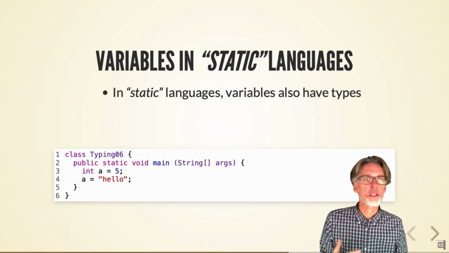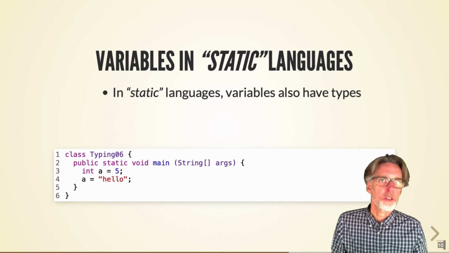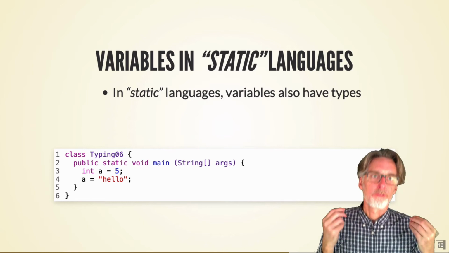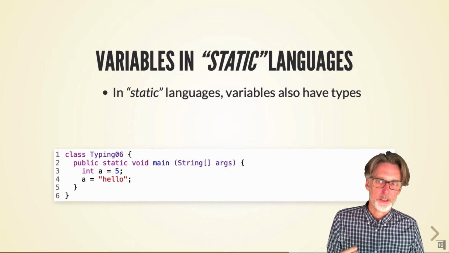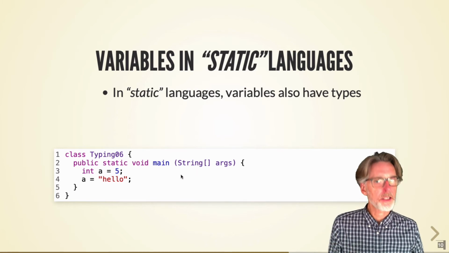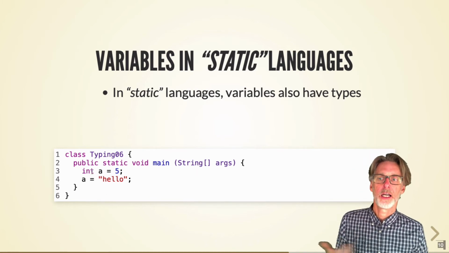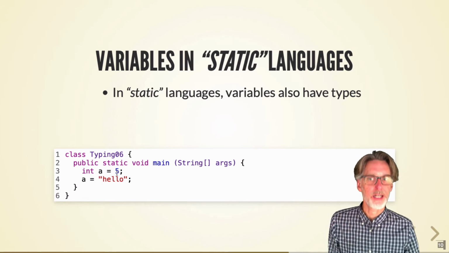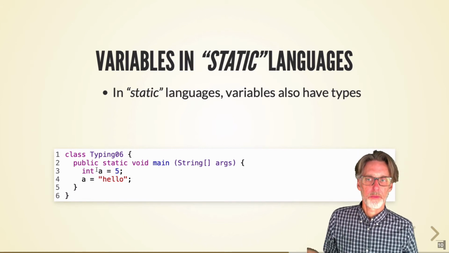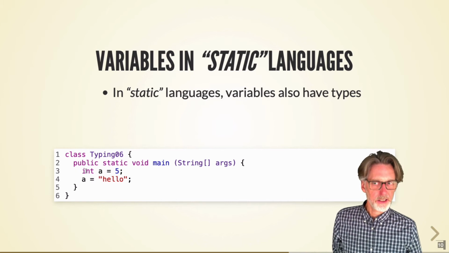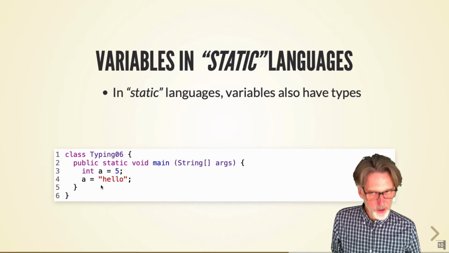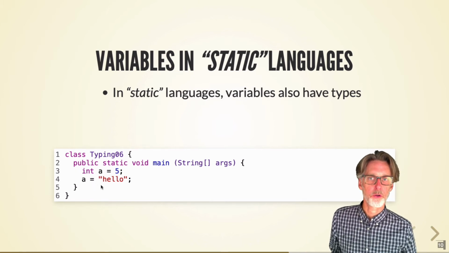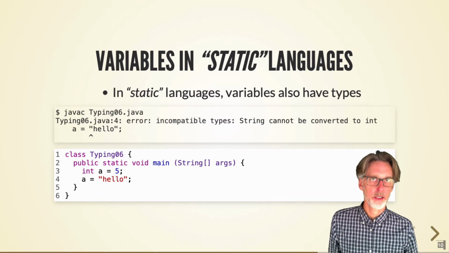And the reason is that static languages allow variables to have types. And this is definitely the case in Java. So if I declare a variable a to have value 5, if that variable is of type int, then I cannot subsequently assign the variable to hold a string. I'll get a compiler error.